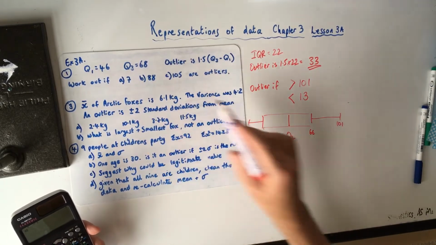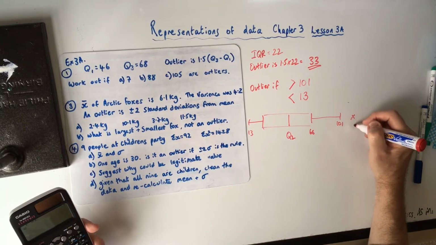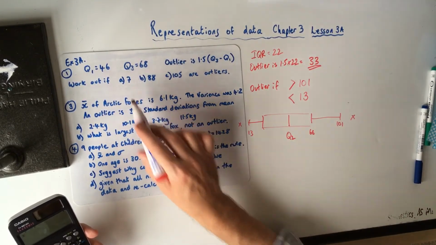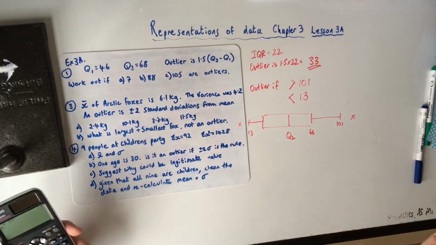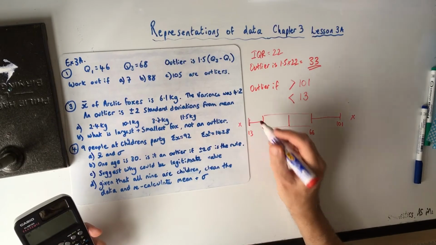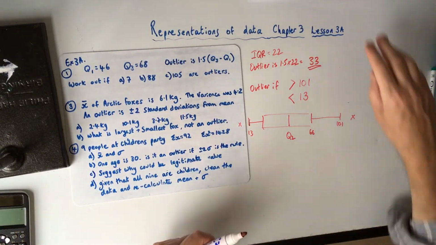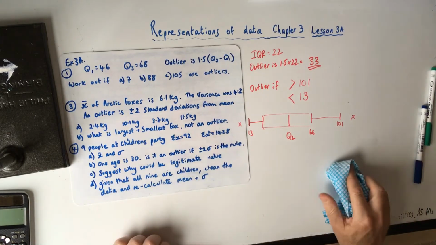The value 105 we'd put as a cross at 105, and we'd have a little cross at 7 as well. 88 is somewhere in the middle region, so that's fine. That's how we would draw a box and whisker plot for that data, but we'd need a bit more information.